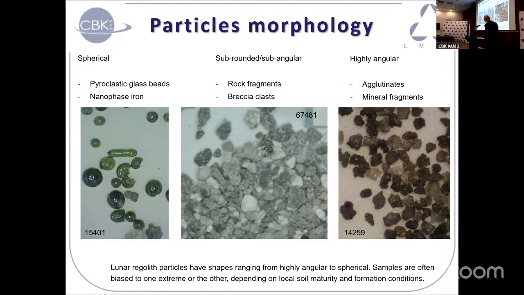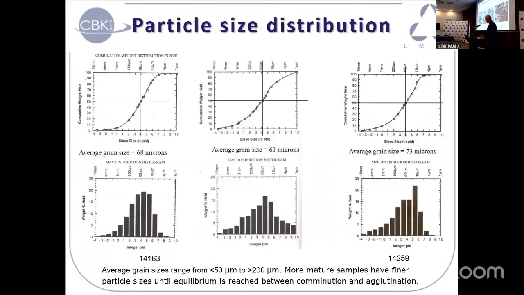And what is not very typical is agglutinates. Agglutinates are like ashes in terrestrial conditions, meaning particles which have a large surface due to porosity. These particles especially create a number of difficulties for devices interacting with this regolith.